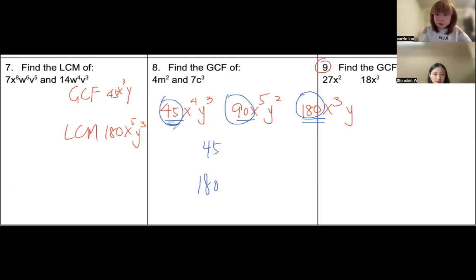For the greatest common factor, you just find the lowest power for each variable, so it's x cubed, and the lowest for y is y. For the multiple, find the greatest power for every single variable, so it's x fifth and y cubed.